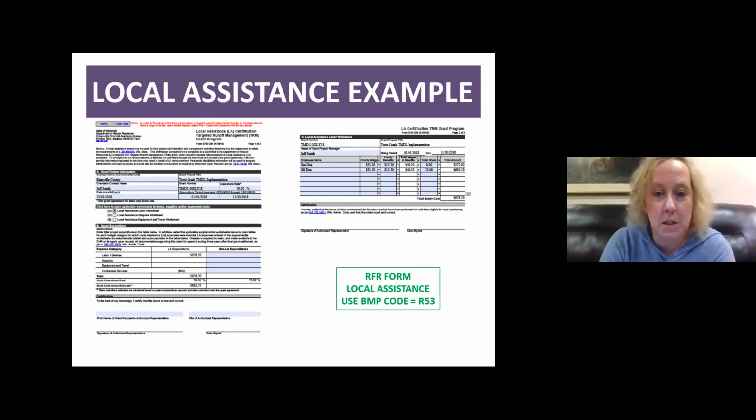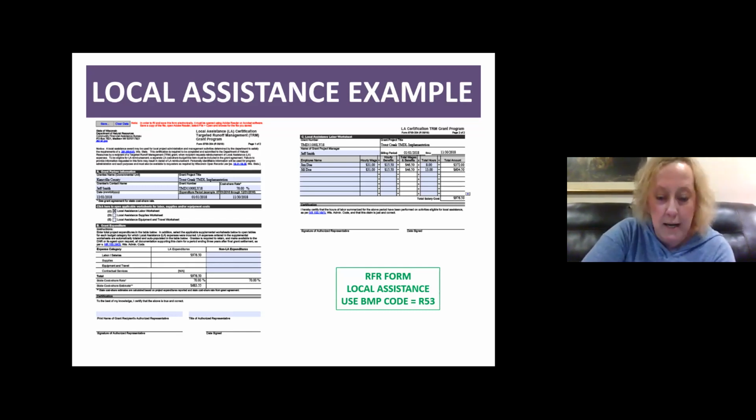And local assistance costs will use BMP code R53. In our grant data system, we treat the local assistance cost in terms of tracking similar to a BMP by using R53. And again, the grant cap was 40% of the grant amount for your BMP installations.